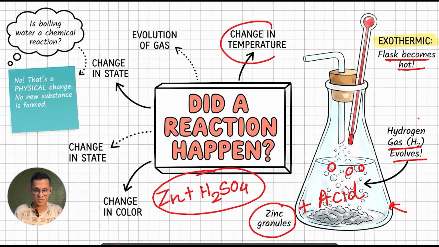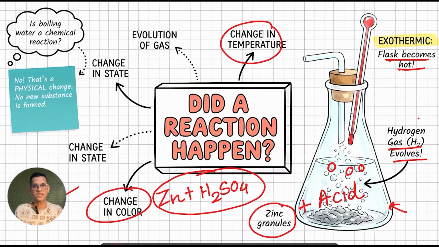So, change in temperature, and change in color. Sometimes when you mix two reactants, you will see a change in color. Sometimes some smell or odor is released, which will also tell you that some chemical reaction is happening.